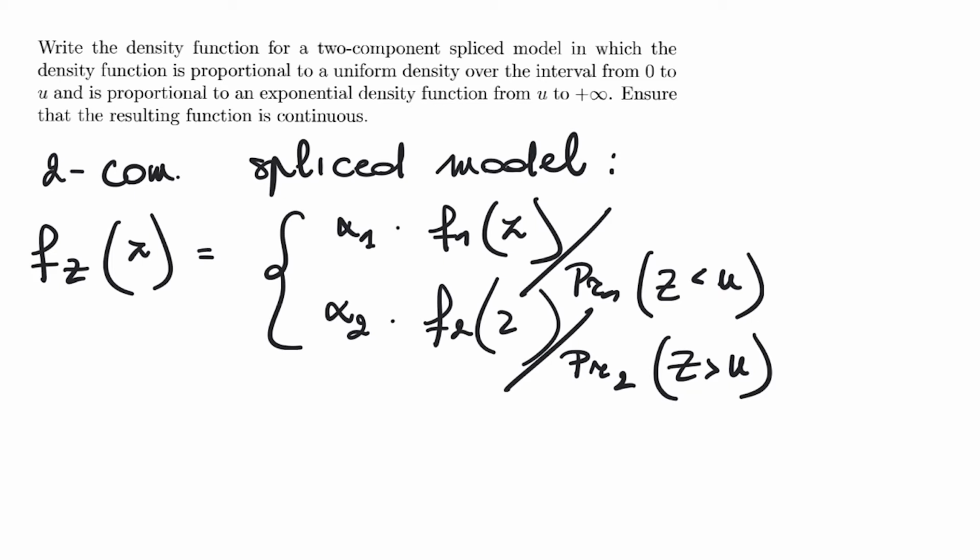So for the first component, we consider z in between 0 and u, and for the second component, we consider z in between u and plus infinity. Now, in order for this to be a valid distribution function, alpha 1 and alpha 2 are defined in such a way that the sum is equal to 1.